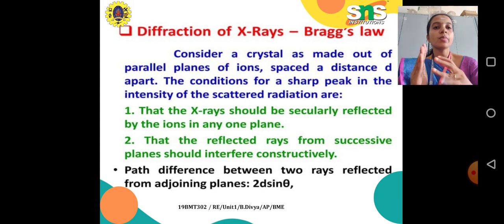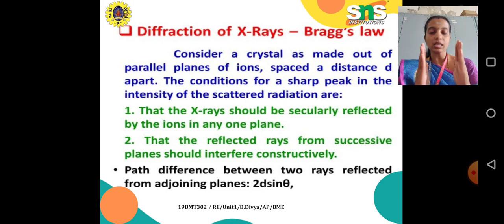The condition for a sharp peak in the intensity of the scattered radiation: for having a sharp peak intensity of X-rays, we have two conditions. First, the X-rays should be specularly reflected by the ions in any one plane.